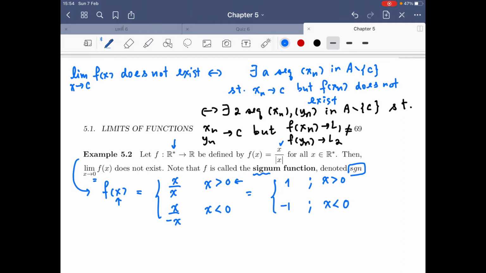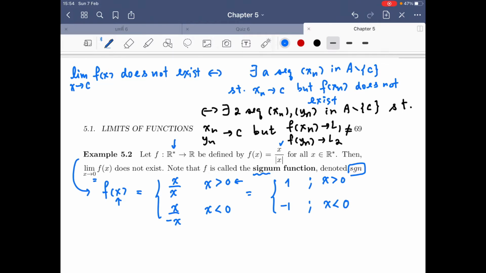So how are we going to find a sequence that goes to 0 but for which f(x_n) does not converge? Because it depends on the sign, the sequence x_n that you may think of should involve the sign as well.